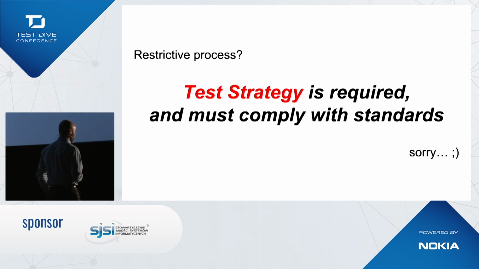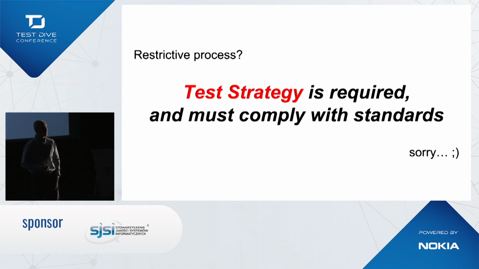For a restrictive process, it is very important that we have the strategy. Sorry, we have to have it. We have to have it written. It has to comply with regulations. So for instance, when you pick medical SPICE, which is based on the ISO 62304 norm, you have to go chapter by chapter, look for these base practices, so what kind of activity I have to perform, and you have to write it down.